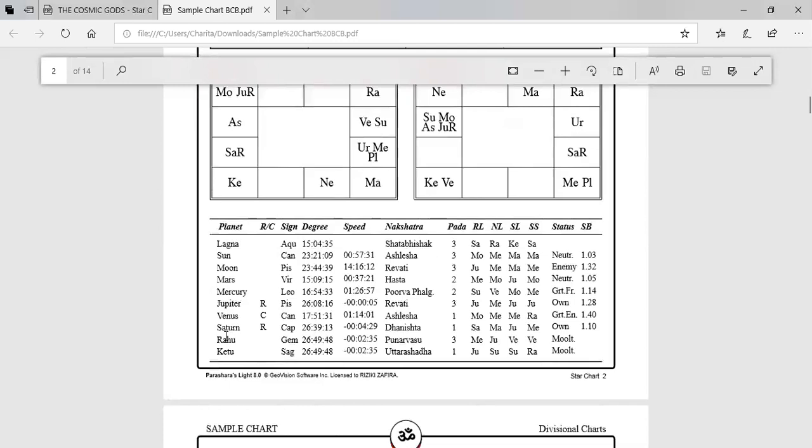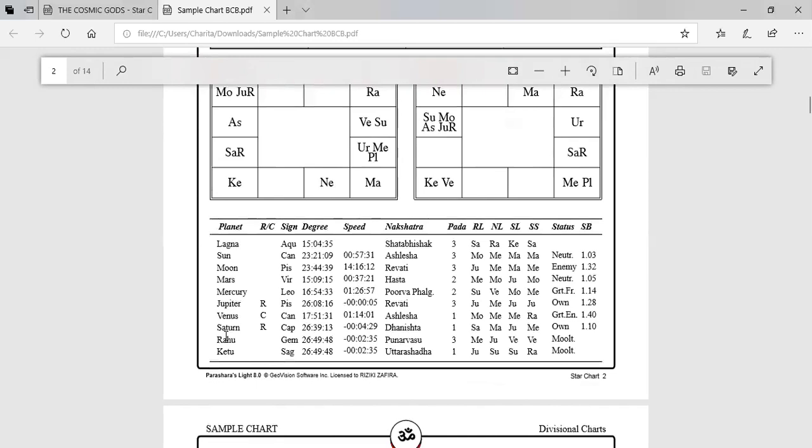Our ancient ancestors, a lot of the ancient rishis, really did not consider Uranus, Pluto, and Neptune as far as personal impact. It was more the impact on the world and generations.